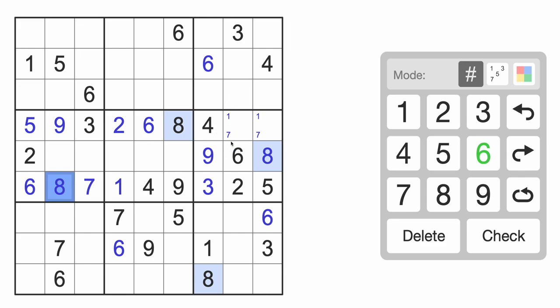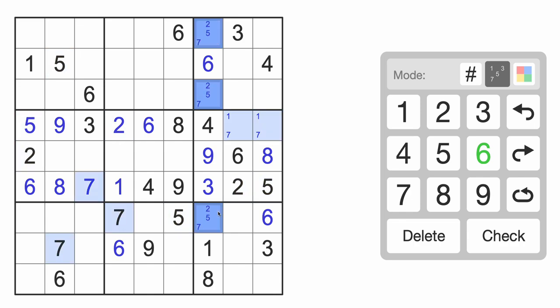Okay, so 2. This column I'm looking for 2, 5, and 7. Yeah, those are the numbers missing from this column. And here's 5 and 7, which makes this cell 2.